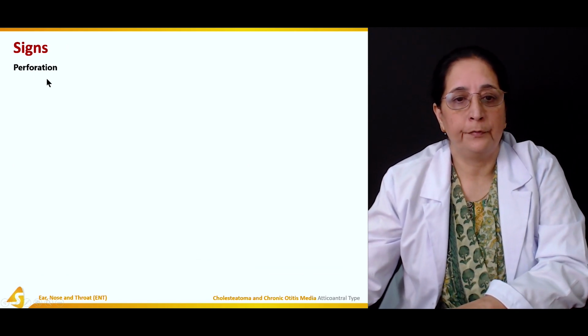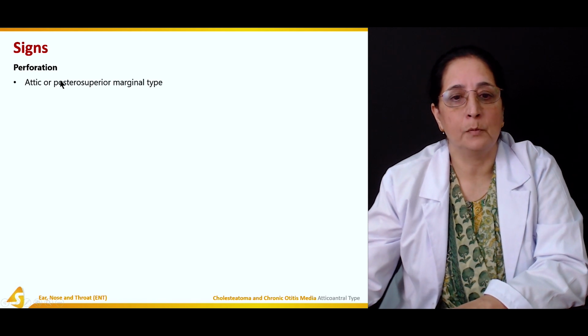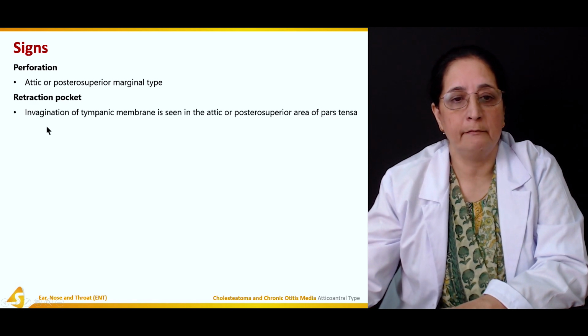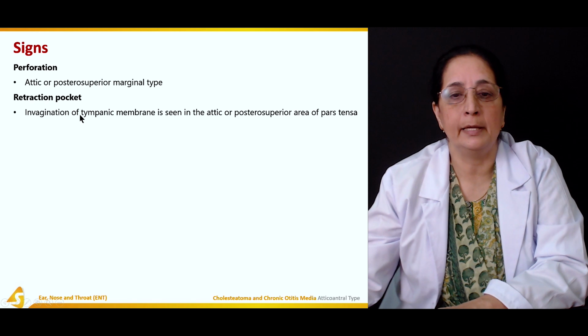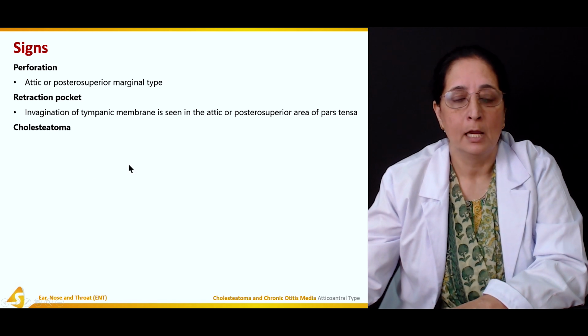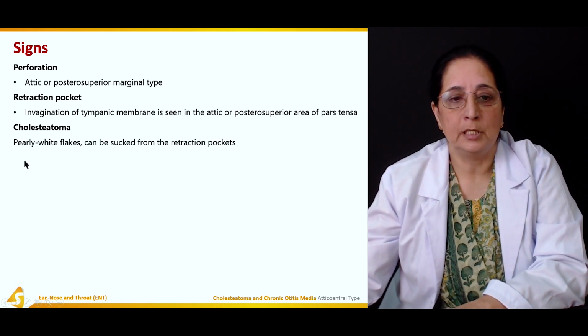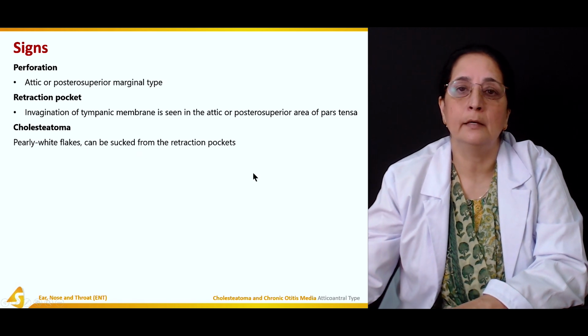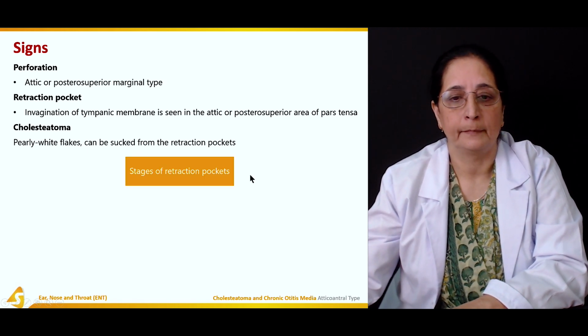Signs are perforation, attic or postero-superior marginal type, and retraction pocket, an invagination of the tympanic membrane seen in the attic or postero-superior area of pars tensa. Cholesteatoma, which is pearly white flakes, can be sucked from the retraction pocket.